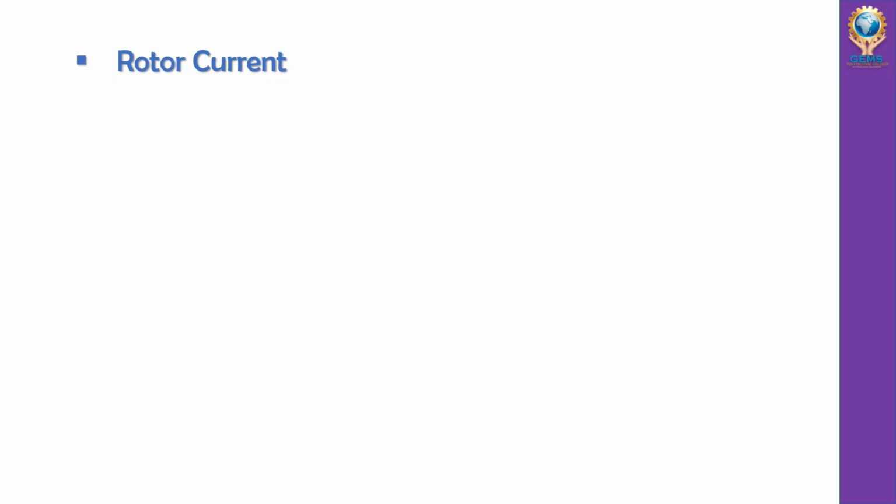So rotor current I2 equal to E2 divided by Z2. If you want to find out I20, same like that, E20 divided by Z20.